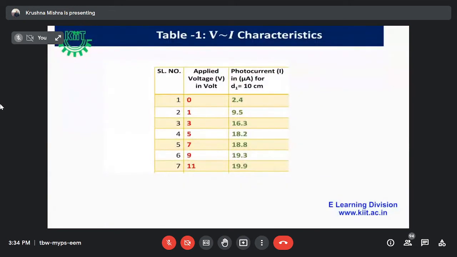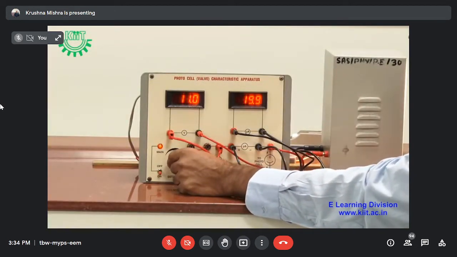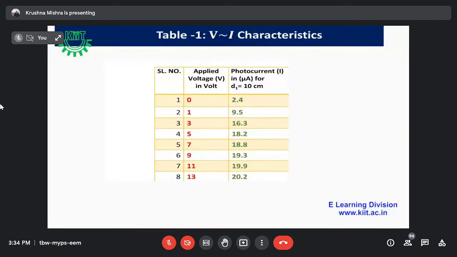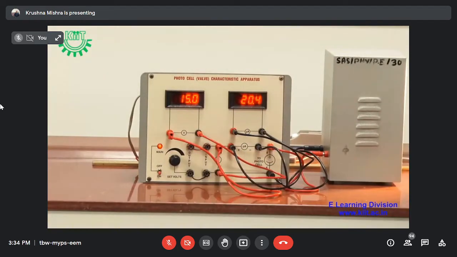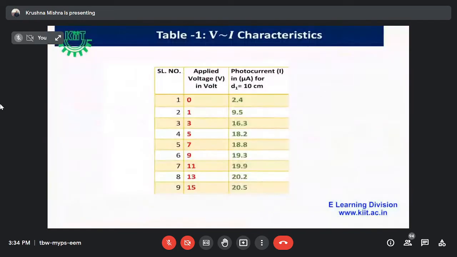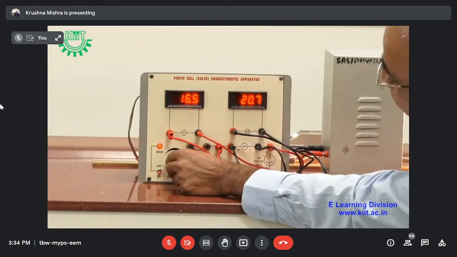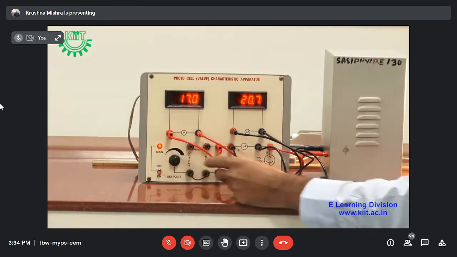So here the photocurrent is slowly changing. Initially it increases rapidly, then 13 volt and 20.2, then 15 volt, corresponding photocurrent is 20.5, then 17 volt and the corresponding current is 20.7.